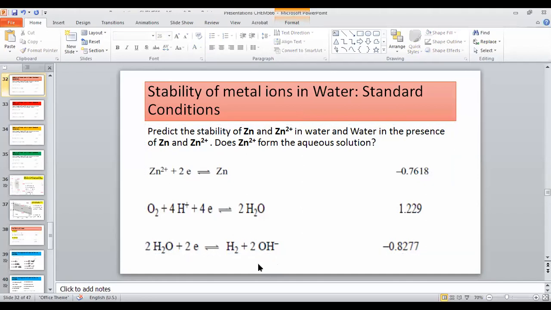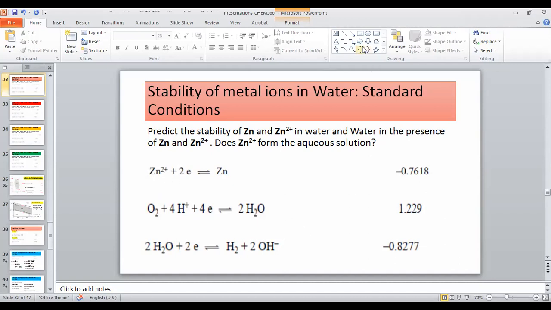So be careful, because now we are moving towards the selective topic. We are not checking again what is the possible stability or the possible spontaneity of the chemical reactions. We are focused on the stability of the metal ions. So we are looking at whether either direction is possible or not.